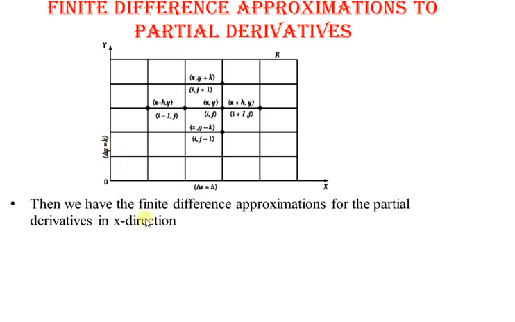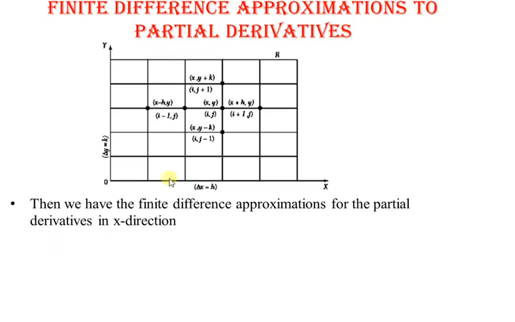We have the finite difference approximation for the partial derivatives in the x direction, which we already learned in the previous video on the finite difference method. That approximation can be written as forward difference, backward difference and central difference approximations.